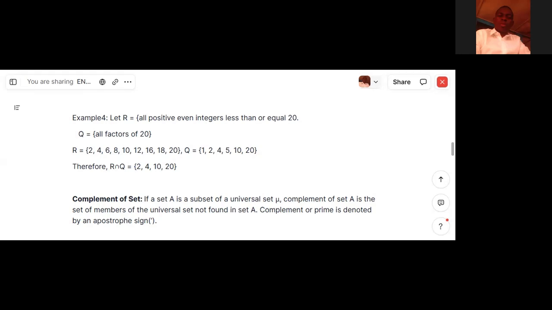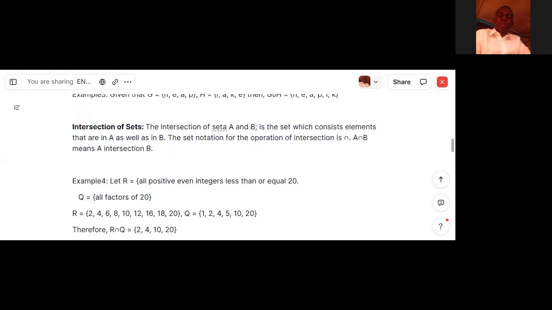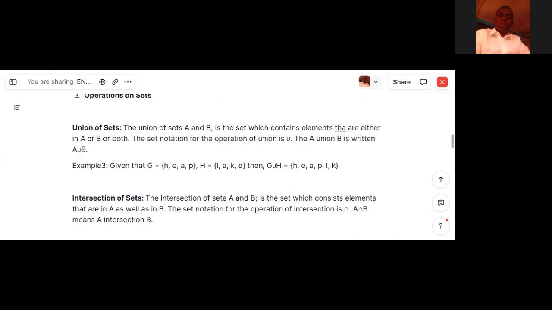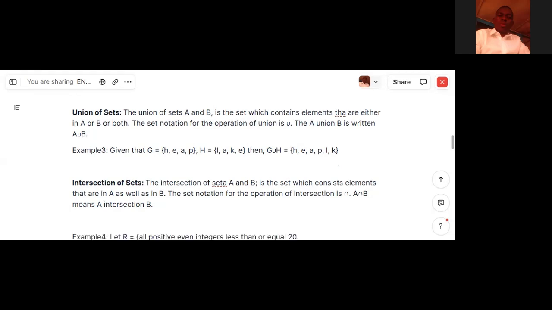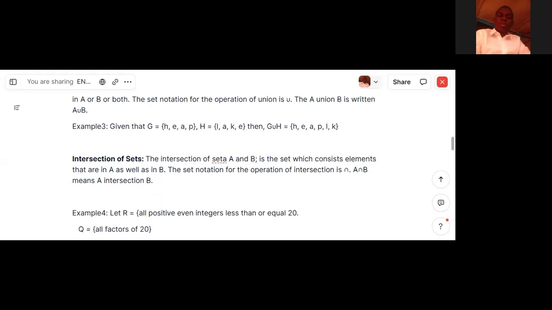Now, what are the elements that are common between these two sets? We have R intersection Q, giving us 2, 4, 10, and 20. I did not mention the notation for union. The notation for union is simply a U-like symbol, like a cup with the curve downwards.